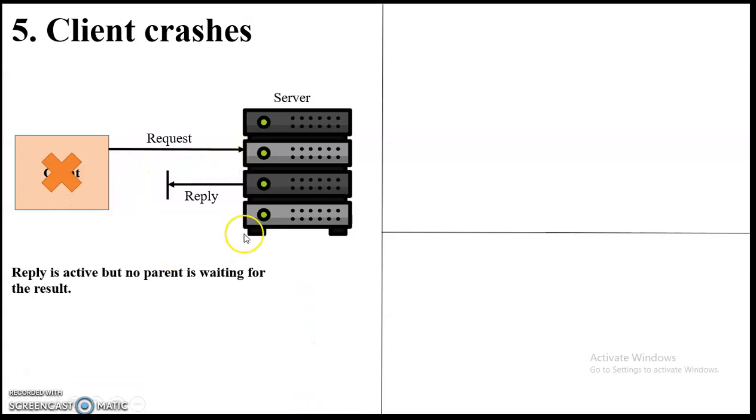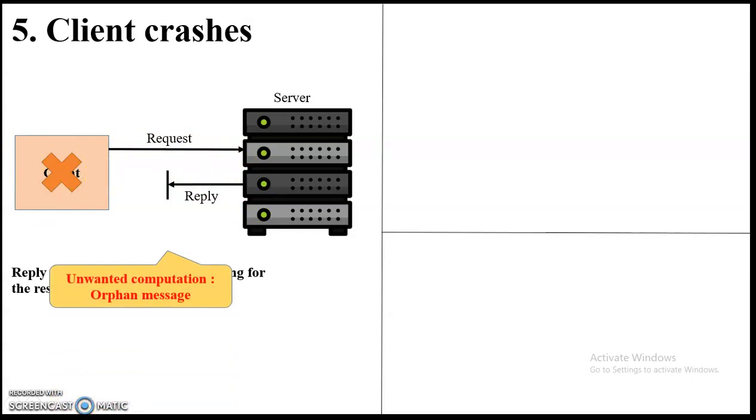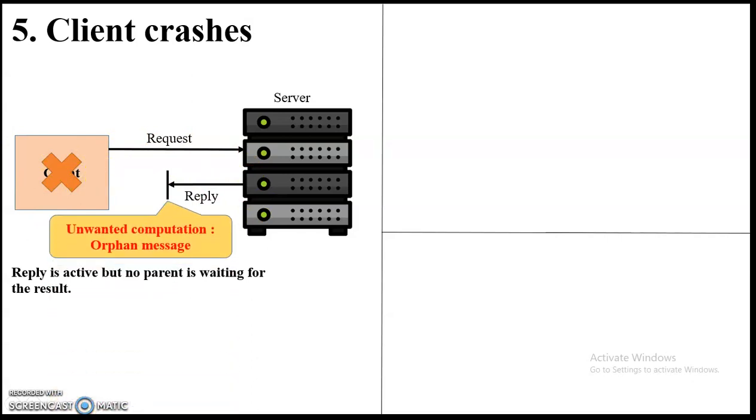The reply which is executed and needs to be sent to the client is now unwanted, because its parent, which initiated the request for which the reply was created, has been killed. So no parent is waiting for this reply. That computation is called an orphan message.